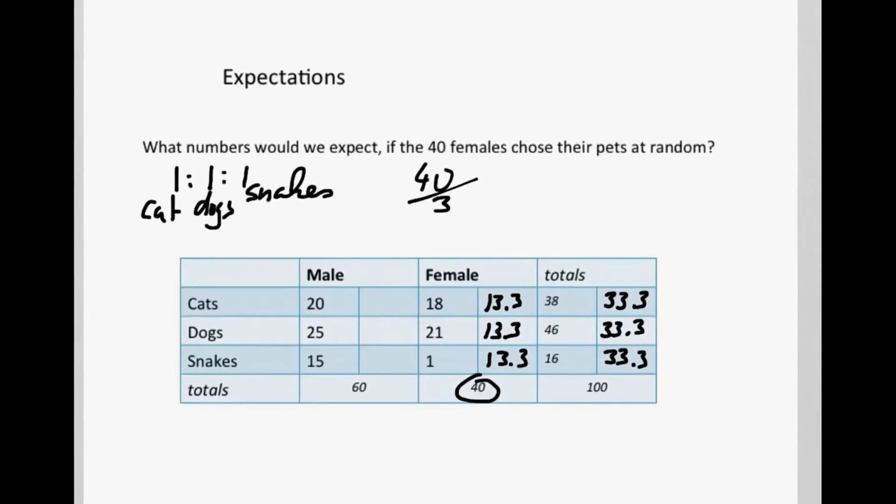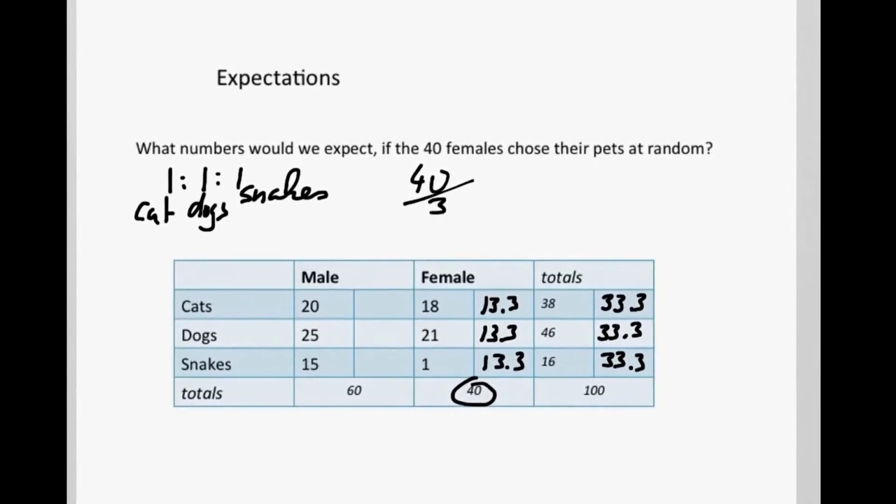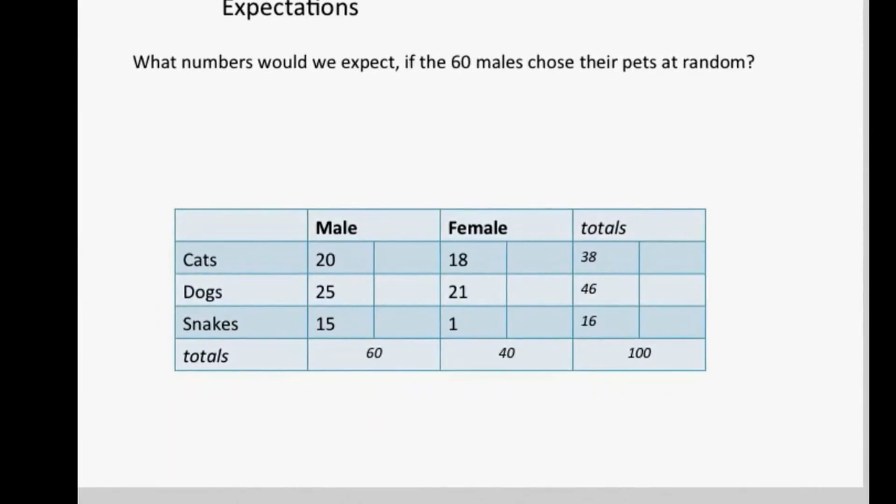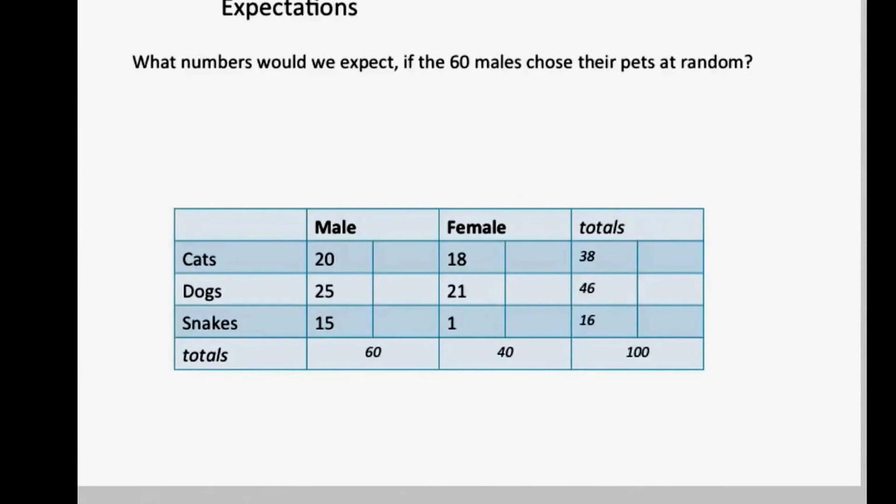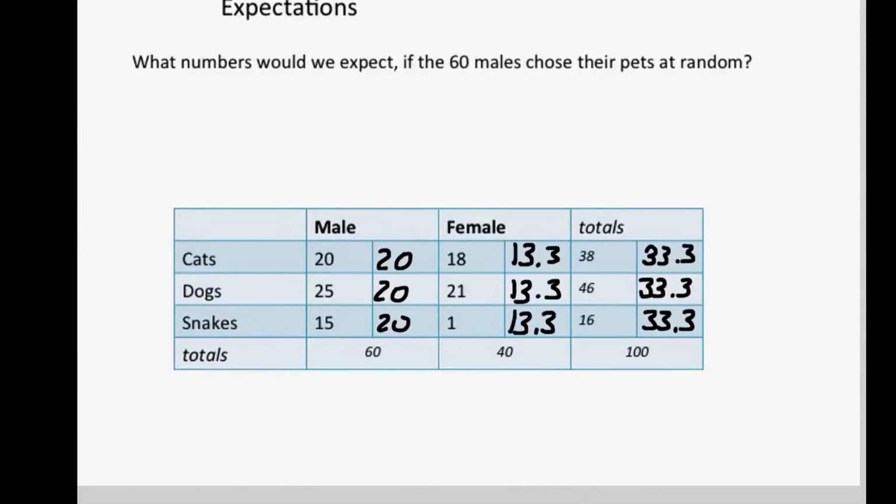And again, we can ask the same question about the males. So what numbers would we expect if the 60 males choose their pets at random? And again, I would encourage you to fill in the numbers so that we get a full sheet here. So what we see here is that 1/3 of the males, 20, would have chosen cats if it was at random, 20 would have chosen dogs and 20 would have chosen snakes.